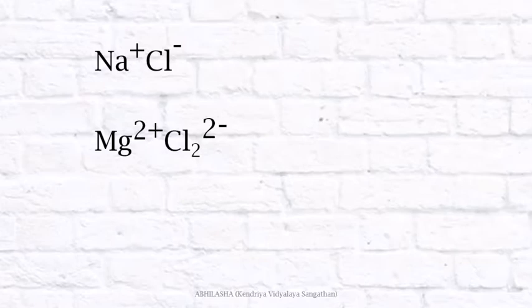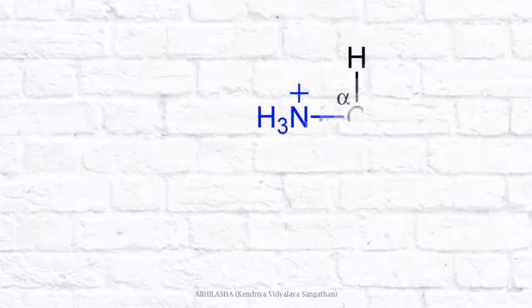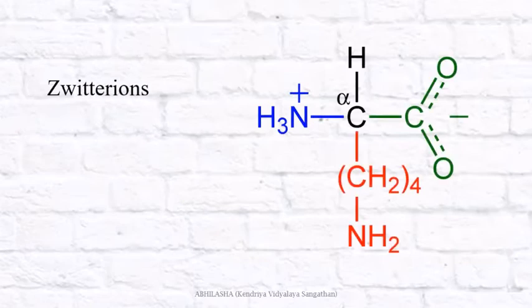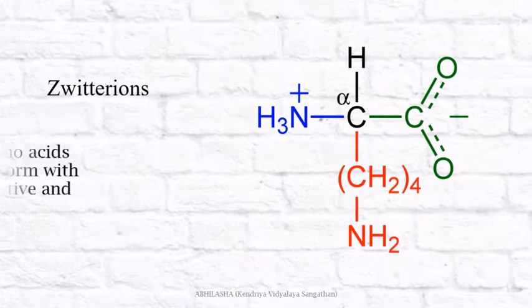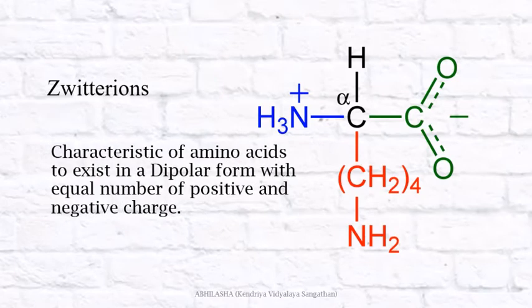But in amino acids, the amino and the carboxyl group are ionizable at different pH. Even in a neutral aqueous solution, amino acids occur as dipolar ions. That is, ions showing both positive and negative charge simultaneously. Such ions are known as Zwitter ions.